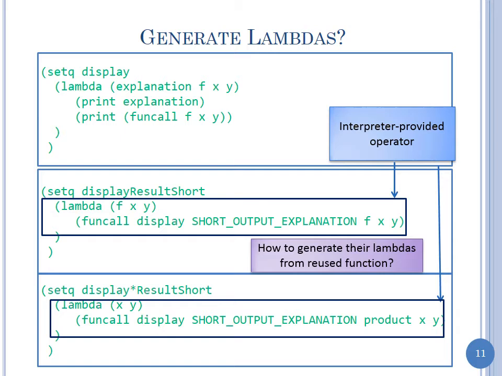Okay, so the question is, how did this thing get generated? It can't get generated. This operator doesn't know about display, so somehow it generated these functions based on some information that we provided. So it is provided with the function that we want to use. Okay. So we provide a function to this as an argument.